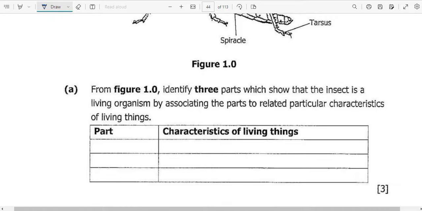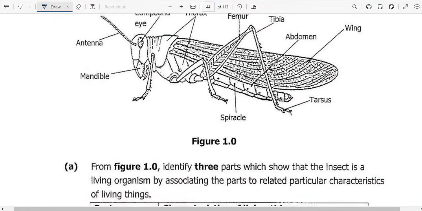From figure 1.0, identify three parts which show that the insect is a living organism by associating the parts to the characteristics of living things. This is the first topic that you learn in grade 10, the characteristics of living organisms.